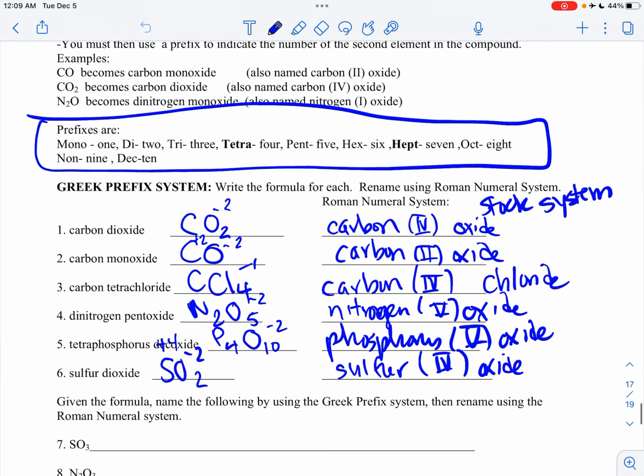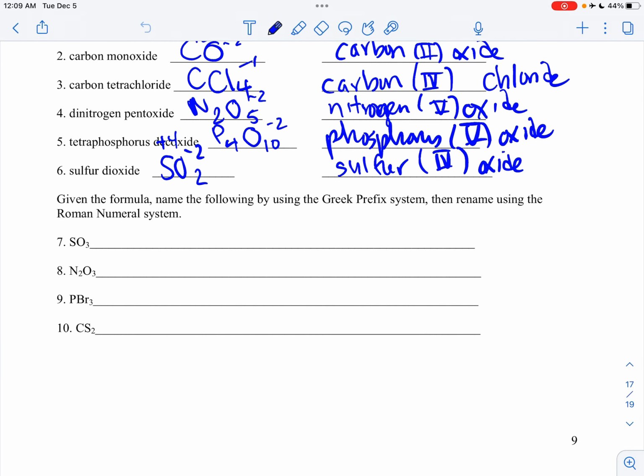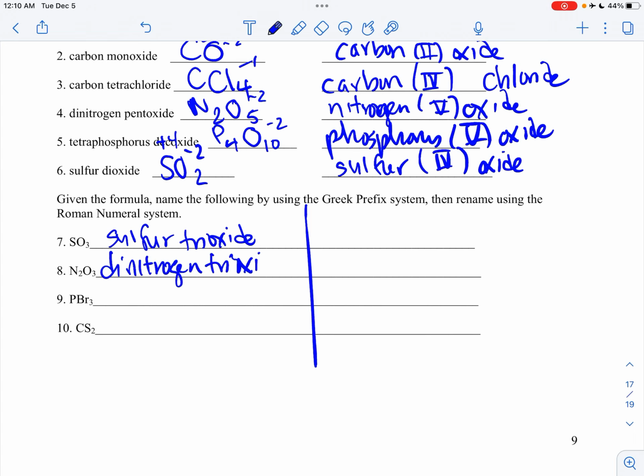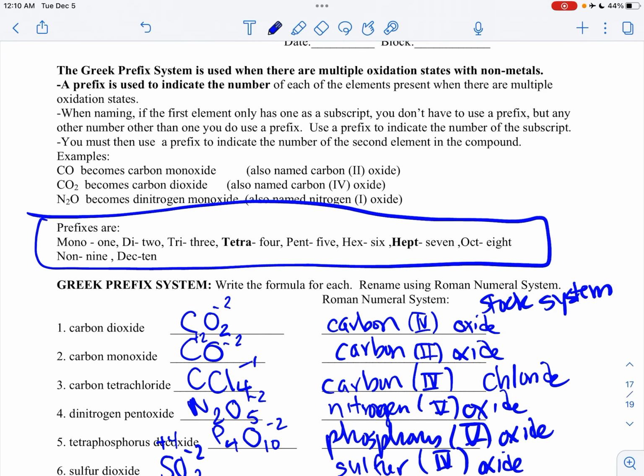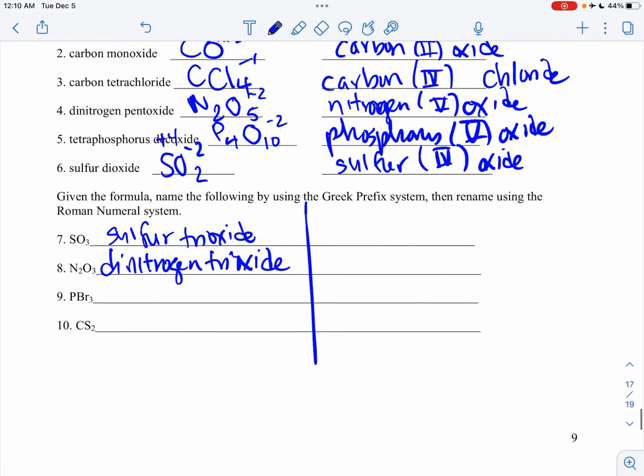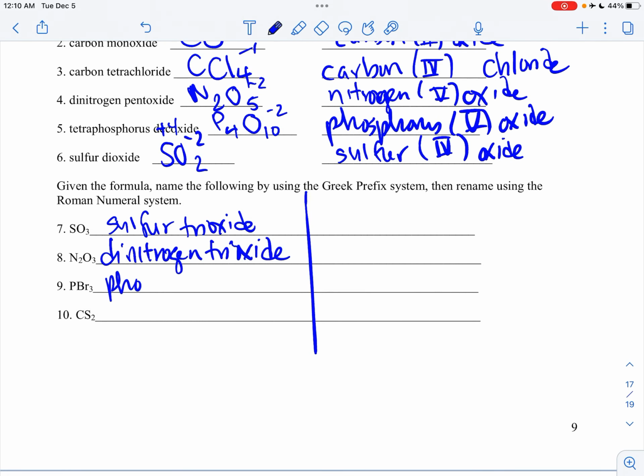Okay. So then it says, given the formula, write the name using the Greek prefix system, then rename using the stock system, the Roman numeral. So this is sulfur trioxide. Let's do all the Greeks first. Then we have dinitrogen trioxide. Don't forget the prefixes. 5 through 10 are on the reference tables under table P. This is just 1 phosphorus for phosphorus tribromide.